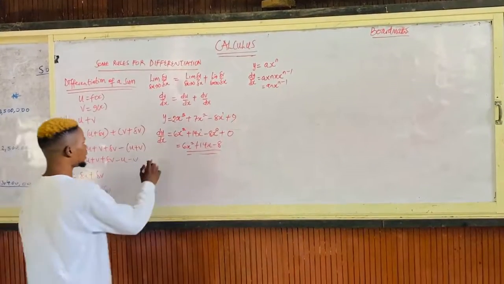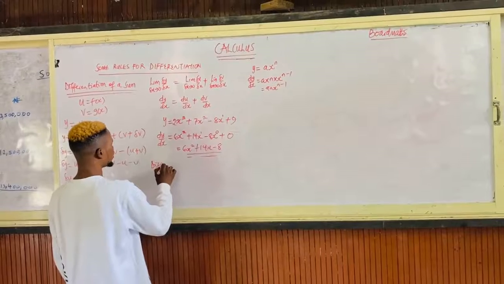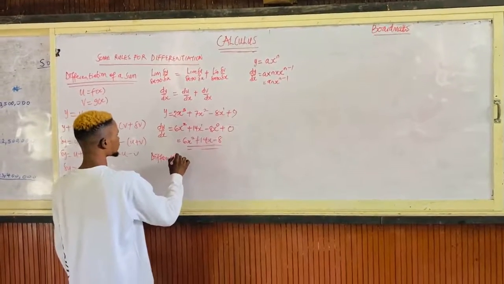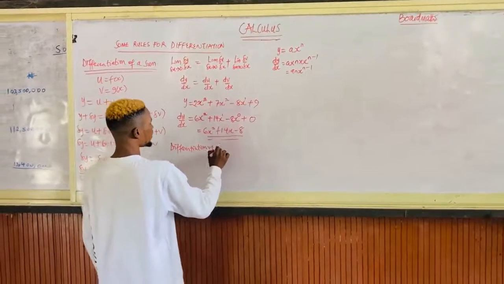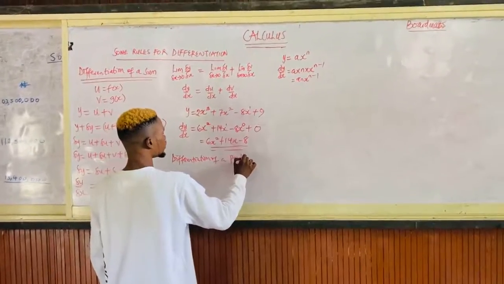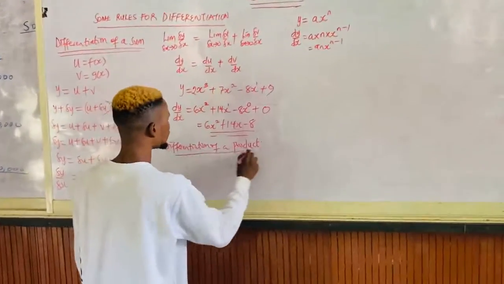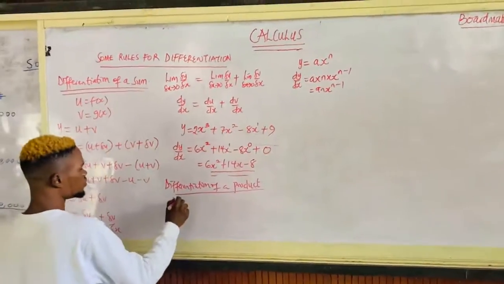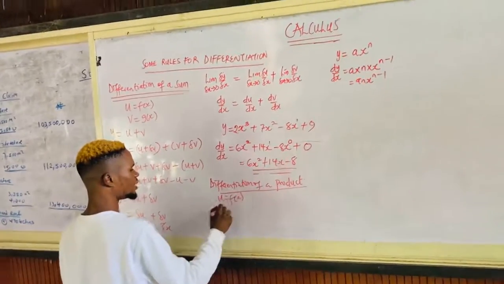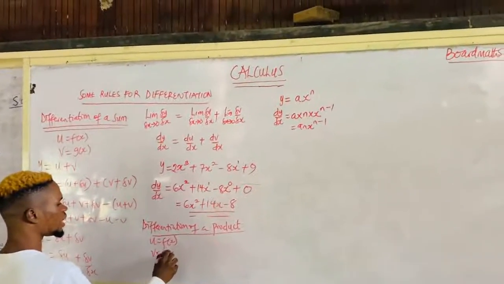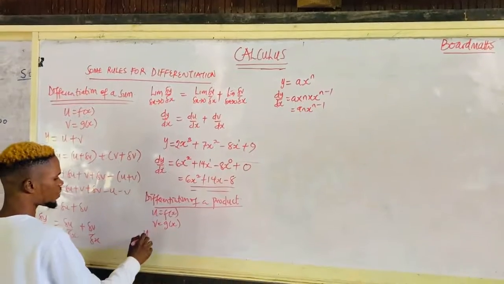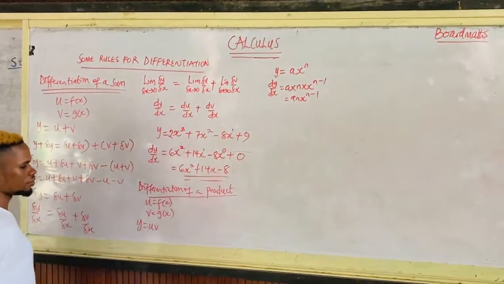Now, the next one is the differentiation of a product. Also, if u is a function of x and v is also a function of x, let y be their product.